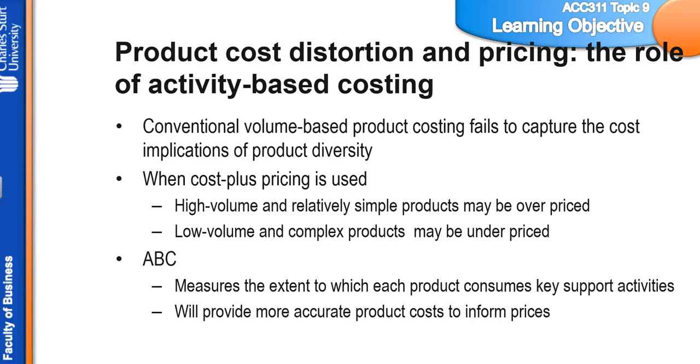Let's now look at some distortions in product cost and the role of activity-based costing. Conventional volume-based product costing fails to capture the costs and implications of product diversity.